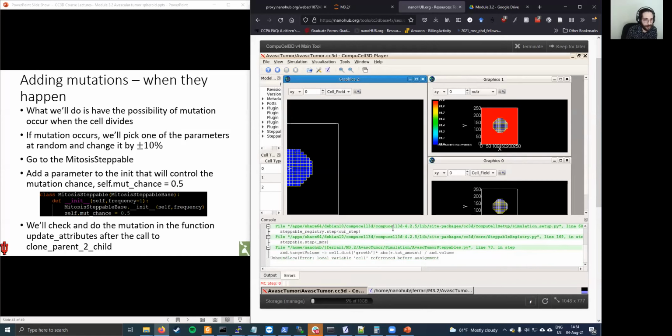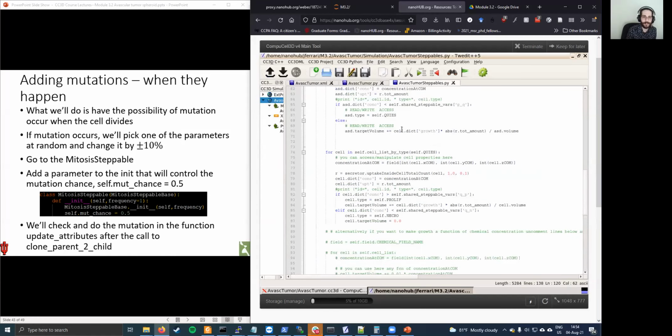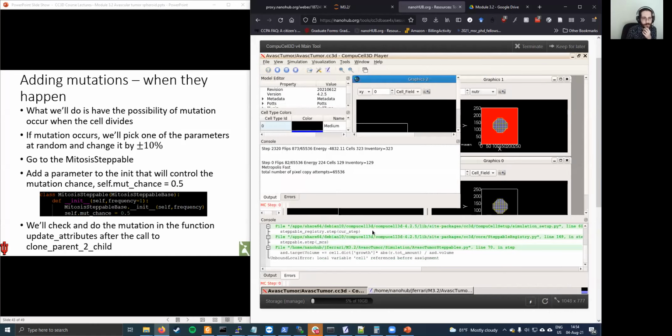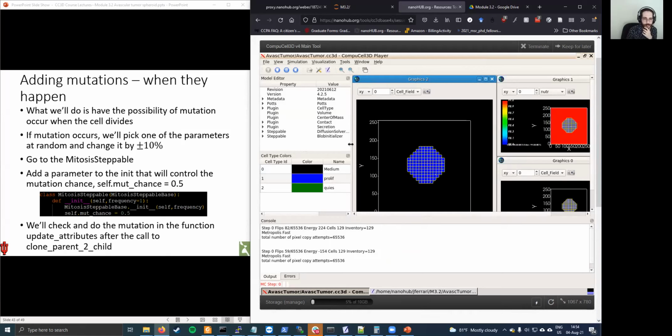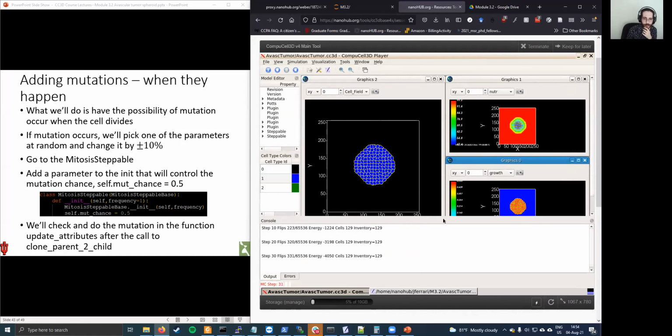Cell reference before assignment. Did I forget that I was using ASD? Yes, I did, as usual. Let me change this one to be growth.